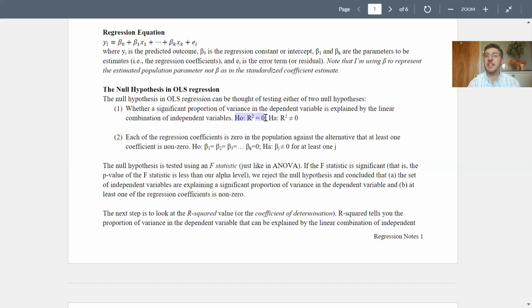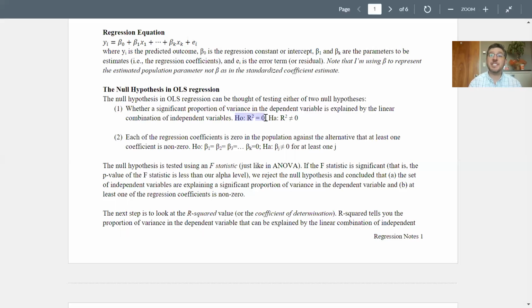R squared is just like eta squared or omega squared in an ANOVA model; it tells us the proportion of variance explained. So the F test in regression can be thought of as testing whether we are explaining a significant proportion of variance, so whether that R squared value is different than 0 or not.